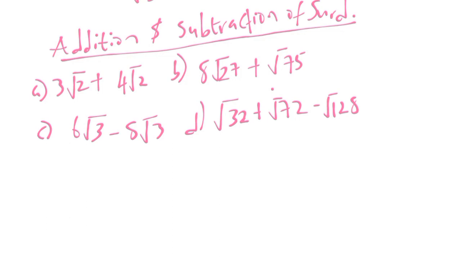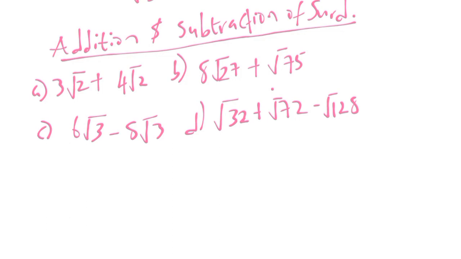You can only add or subtract like surds, that is, those carrying like terms. The ones that don't look alike, we are going to factor before we simplify.